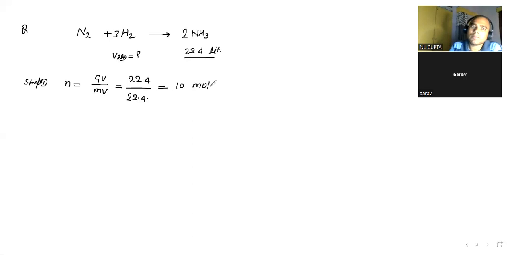Now step number 2, matching with the equation. According to the equation, very carefully try to understand this one. They are not asking for the given, they are asking for the required.